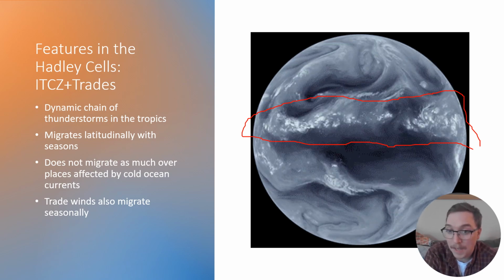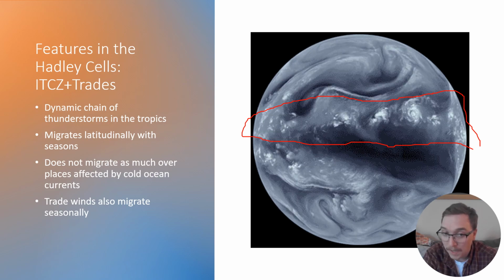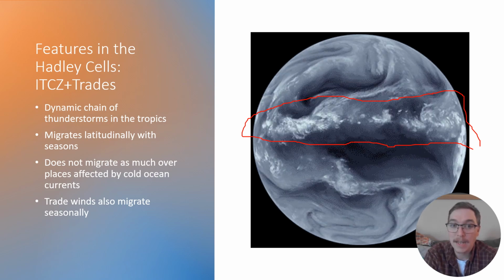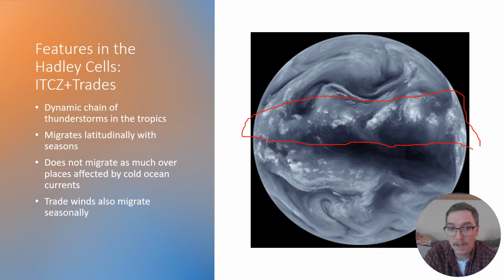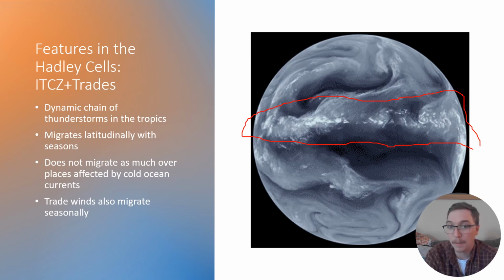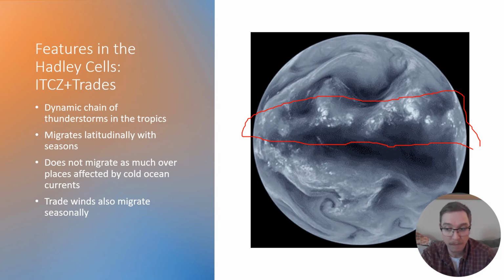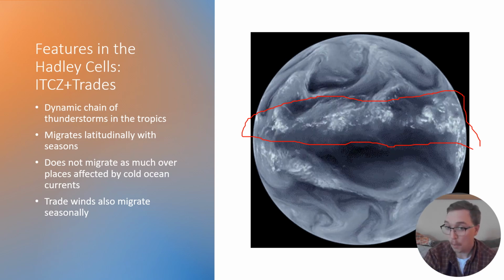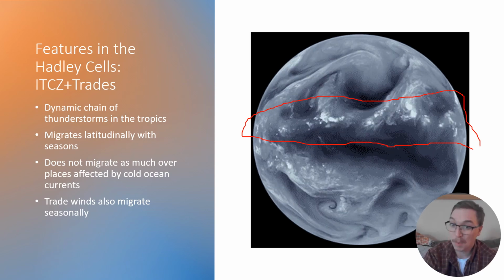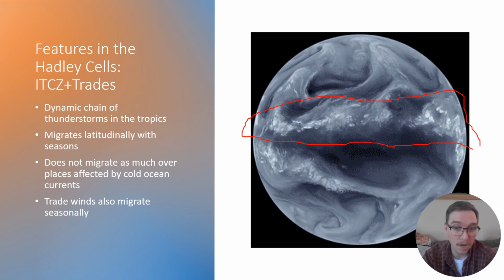Now, as do a lot of other patterns across our world, this migrates latitudinally with season. It does not migrate, it's suppressed over places affected by cold ocean currents. So if we think of these big oceanic gyres that we talked about, the western side of the basin typically has warmer waters, the eastern side typically cooler waters.